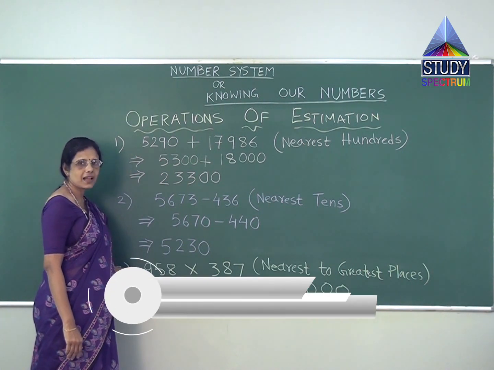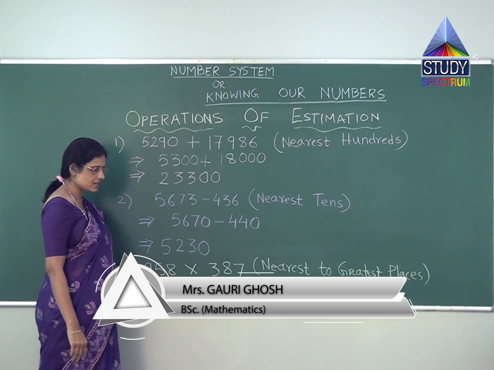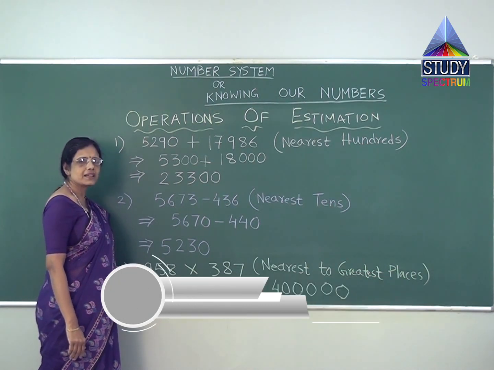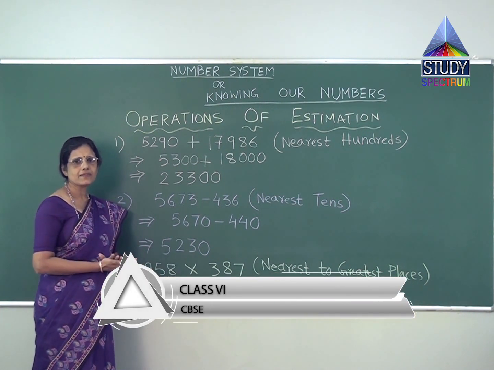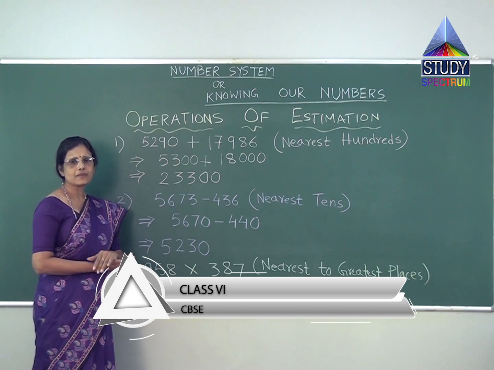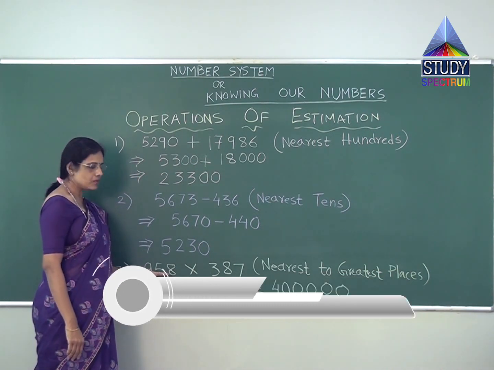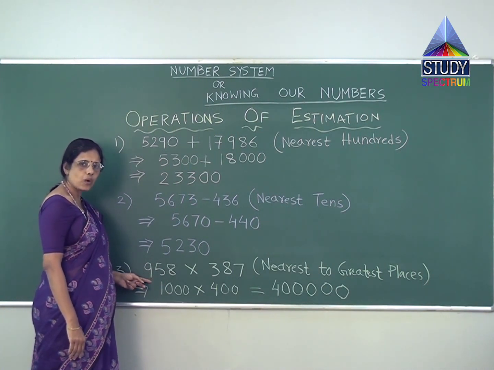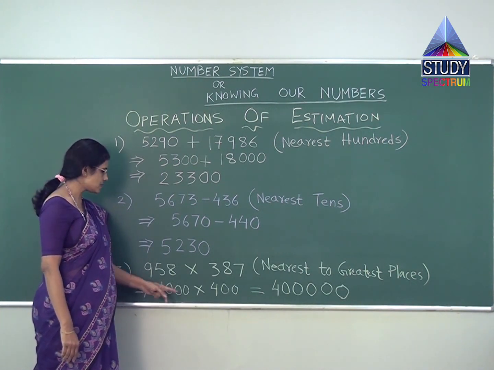Hundreds place it is 9. So greatest place means I have to do nearest 100. Nearest 100 means look at the tens place, it is 5. It is 5 means I told already 5 or more than 5 we have to add with the hundreds place. So 958 will convert to 1000, means I have added 1 to the hundreds position, which gives us 1000.